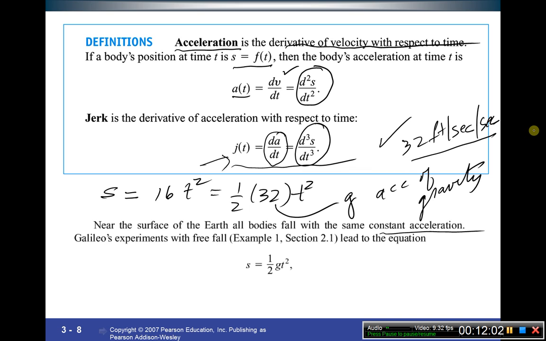And you who have taken physics have seen this expressed in metric units, where s is equal to 1/2 gt squared. And on the next page we will see that expressed in metric units.